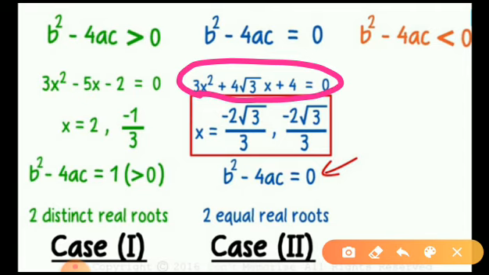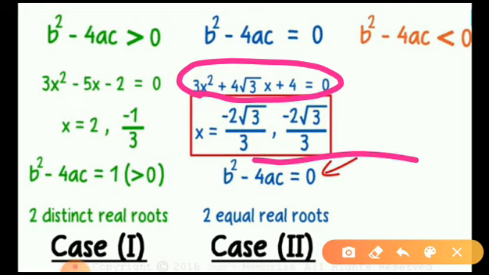That means both the roots are the same. Now check the value of b square minus 4ac. If I substitute the values of a, b, c from the given equation, b square minus 4ac is equal to 0. Therefore, if this condition is satisfied, the quadratic equation has two equal real roots.